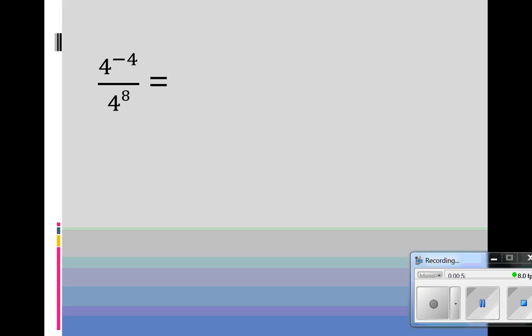Here's our first example. We have 4 to the negative 4th and 4 to the 8th. We're going to keep the base and subtract the exponents. So we keep the base again, and negative 4 minus 8, if you make a T-chart, 4 and 8 on the negative side, because they're on the same side, you add them, and you keep the negative symbol.